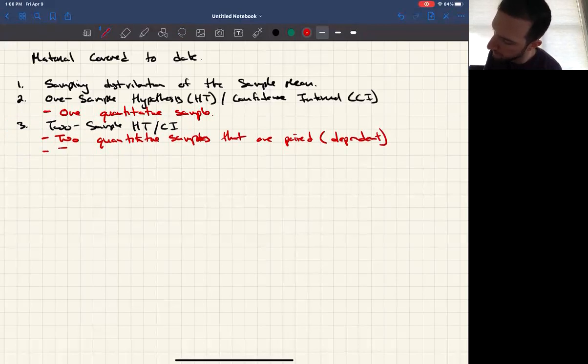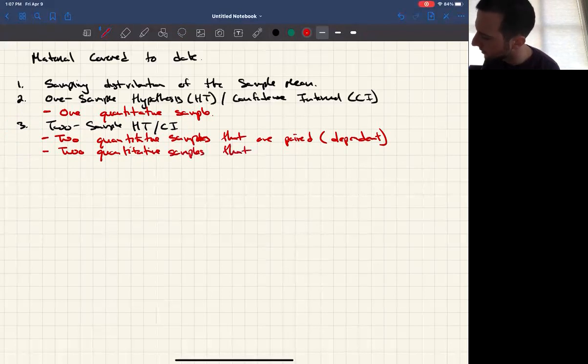Or we can have two quantitative samples that are independent.